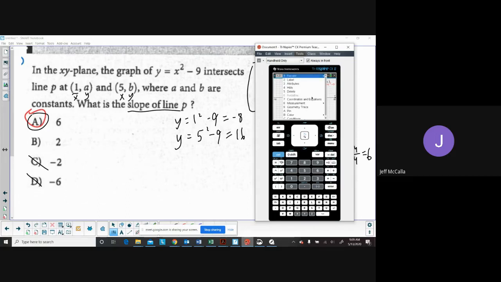It gives you the equation of the line. Right click on a handheld is control menu, by the way. So the slope is 6, and the y-intercept of that line is negative 14. Or you can just do it algebraically by hand with the slope formula.